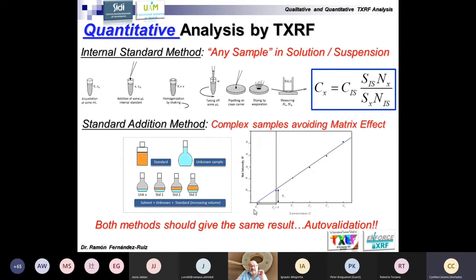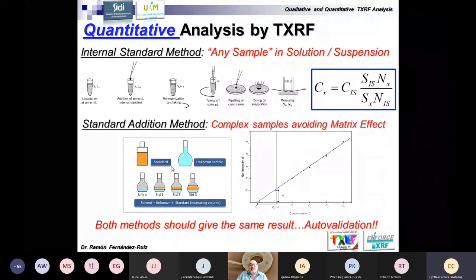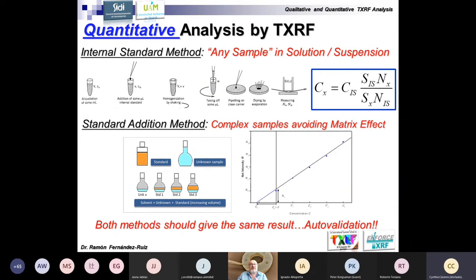And this is interesting because it allows avoiding matrix effect. So if one has the idea that the sample is especially complicated, one can use both methods for the same element and compare. The solution should be the same. This is a very good auto-validation strategy.